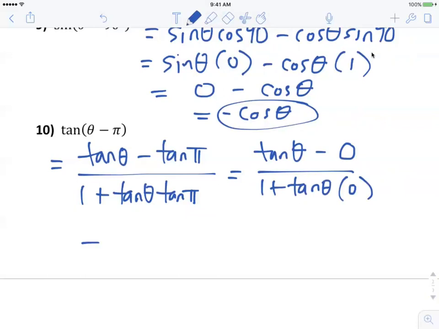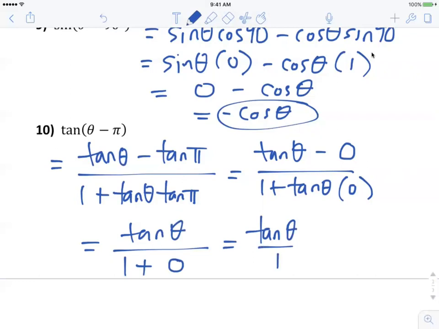Okay, and so up top we have tan theta, and on the bottom we have 1 plus tangent theta times 0 is 0. So that's just tangent theta over 1, just equals tan theta. Which makes sense because the period of tangent is pi. So if you subtract pi from the angle, you're back at the same spot.